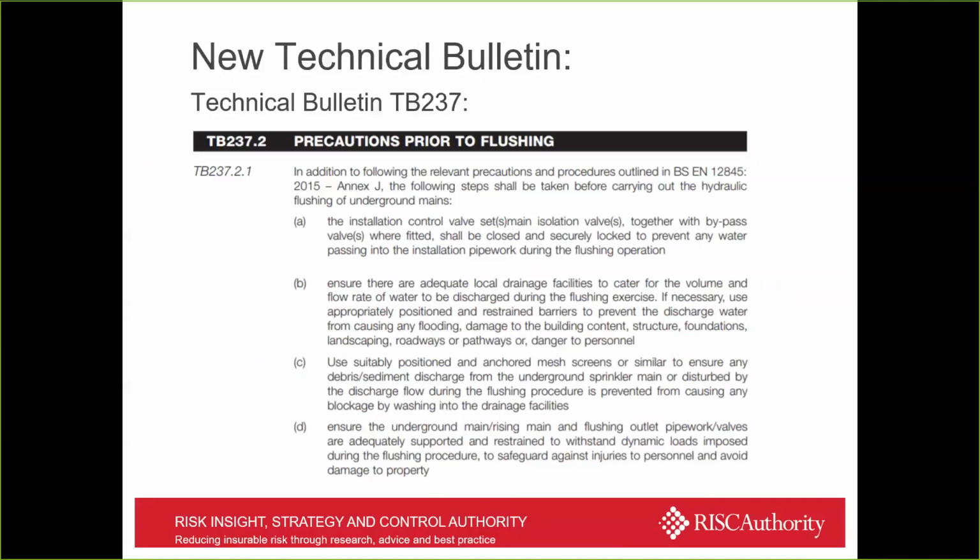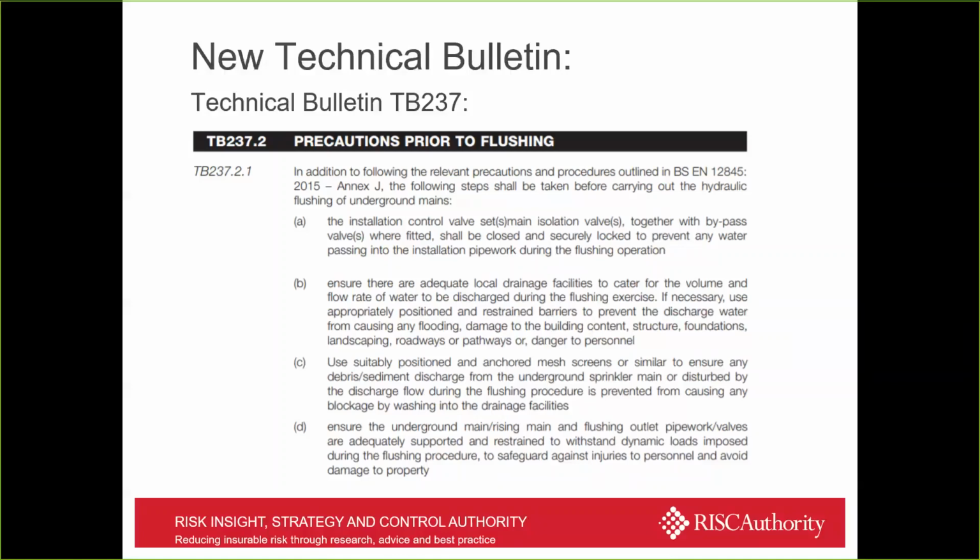Ensure that there's adequate local drainage facilities to take the volume of water that you'll be discharging during this flushing exercise. It might be necessary to position some barriers to prevent that discharged water from going back into a building possibly, or down the existing drains. You might need to put some mesh screens to stop any contamination going down the drains.